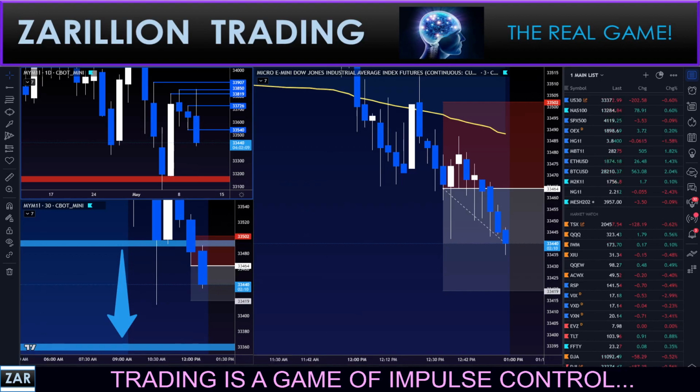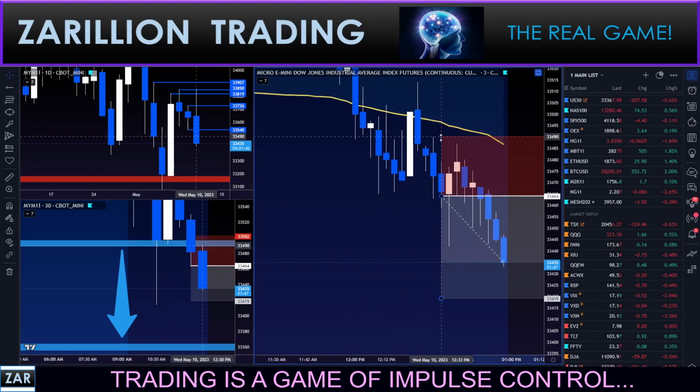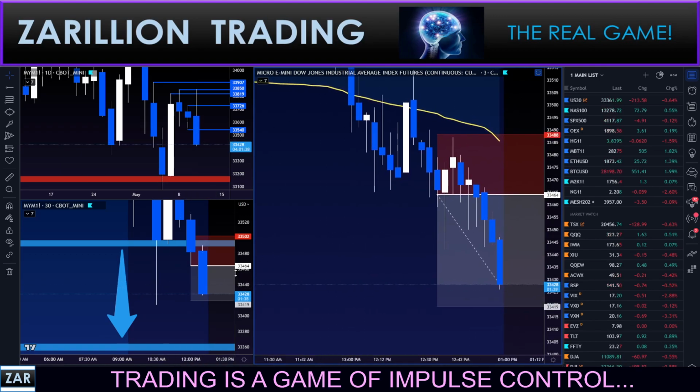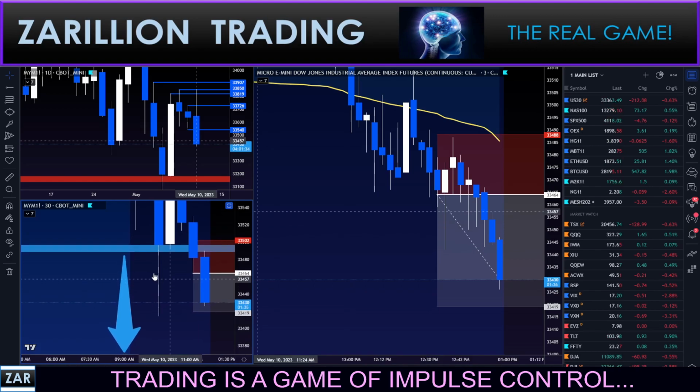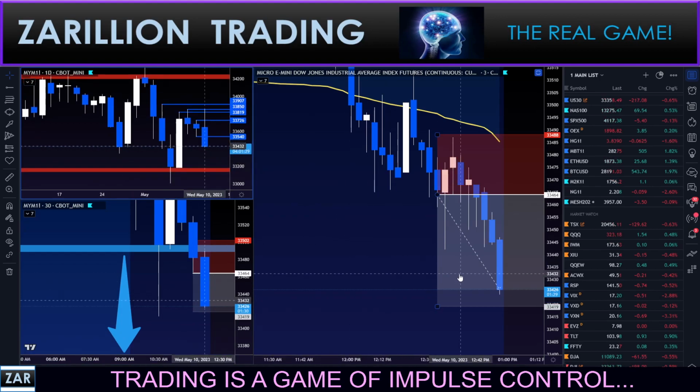It's trying to edge down. Bit further. Tightening my stop to above this candle here. Being patient. We need one more good push. One more.